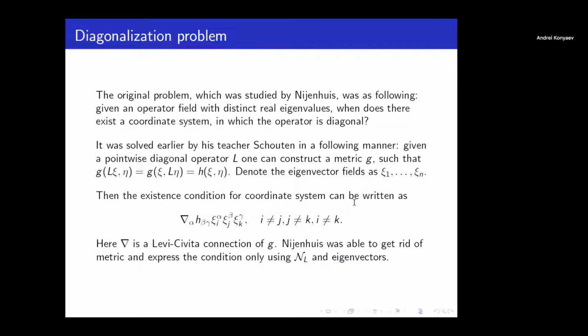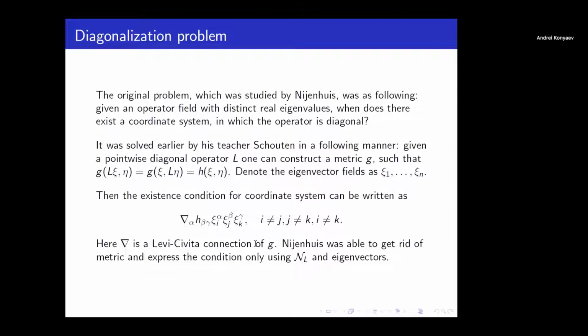Okay, now we have all the collection of the information we need. We need the covariant derivative in terms of the Levi-Civita connection of g. We have H, and we have a collection of vector fields, and this is the condition he wrote. So you need to pick up H, take its covariant derivative along the Levi-Civita connection of g, and substitute the eigenvector fields.